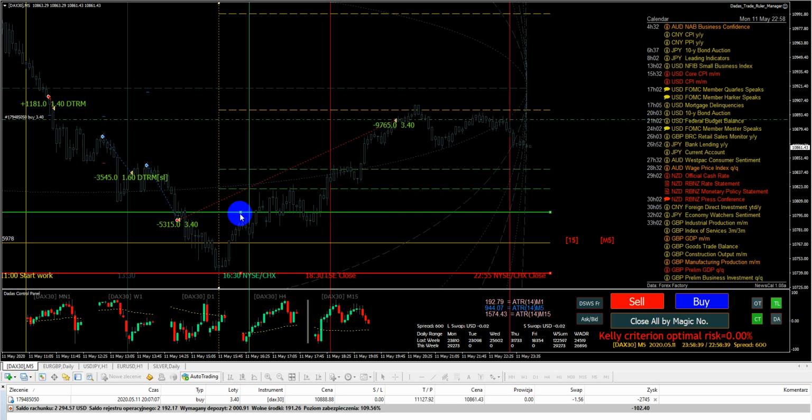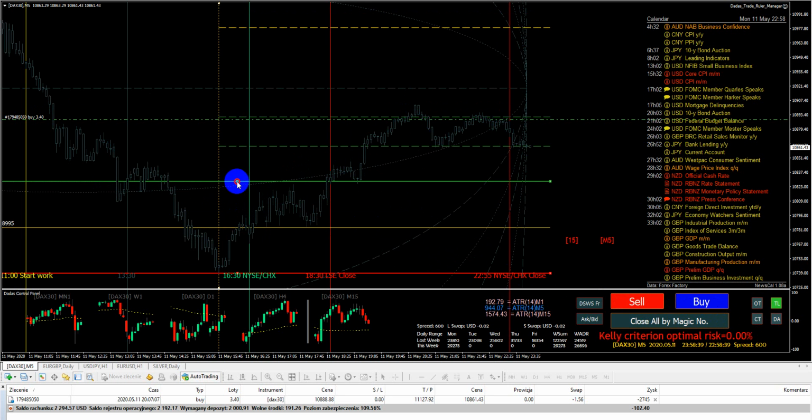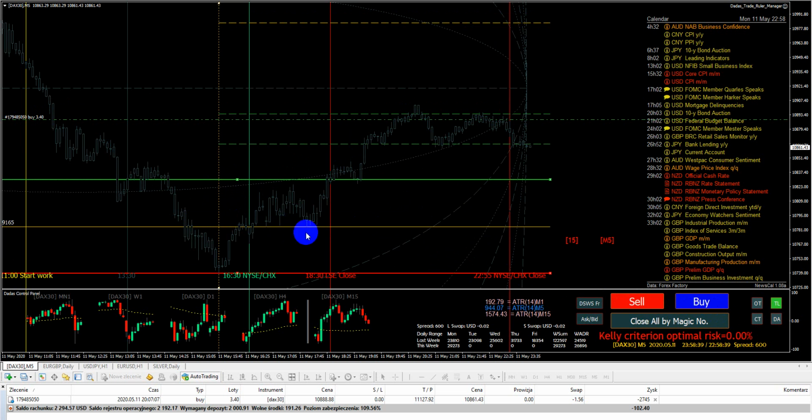I've gone to a higher time frame, and I found the next pivot. The next pivot was right there. So the higher time frame pivot would be right there.